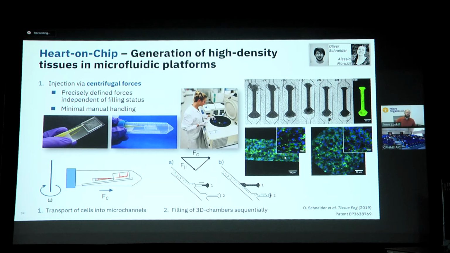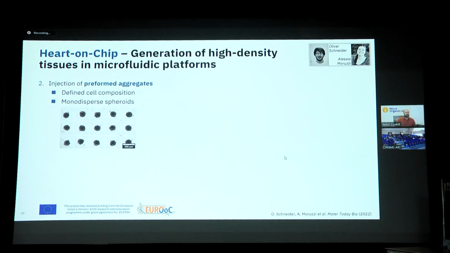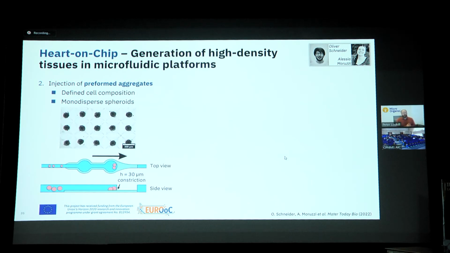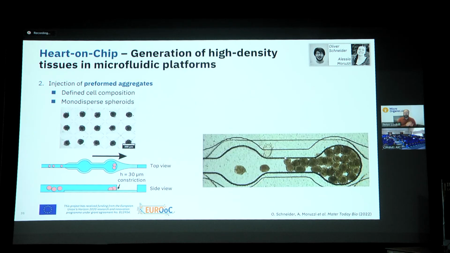The other approach for generating high density tissues is a building block assembly approach. And here we first form monodispersed spheroids to have a very controlled and defined starting point, and also a defined cell composition, so we can mix different cell types in these spheroids. And then we add these spheroids into a chip where we have a small constriction, which then captures these spheroids. And that's how it looks. So they pop in there.